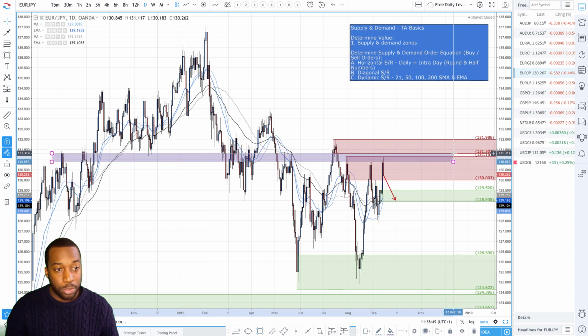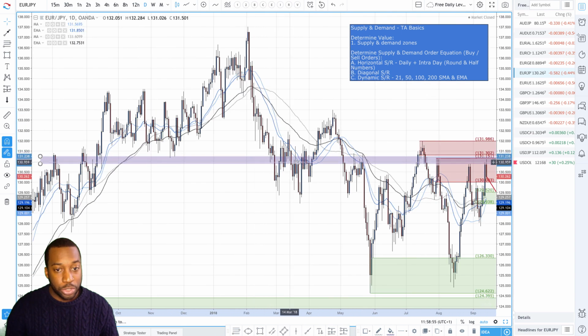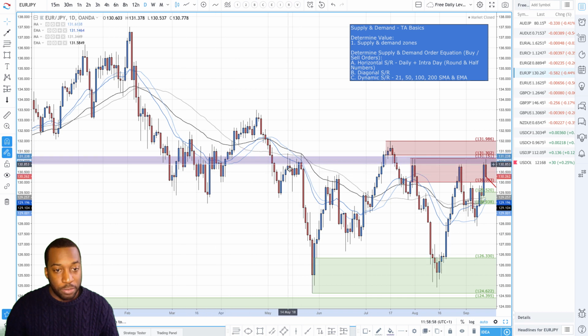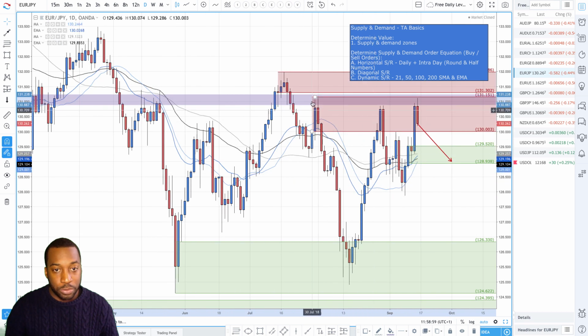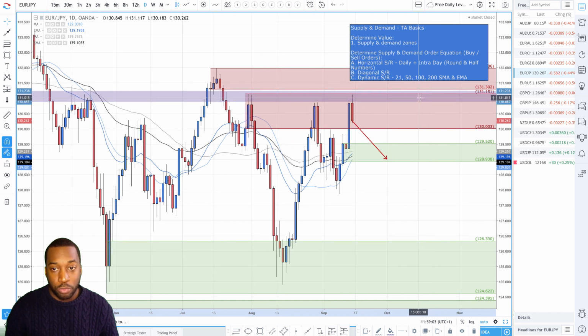You can see pretty much around here there's been a level of interest, resistance, a bit choppy around here, but you've had resistance, and recent resistance within this 131 level just before it as well.